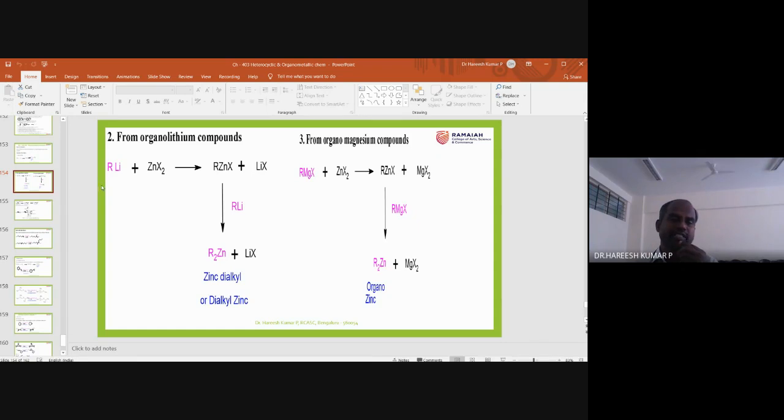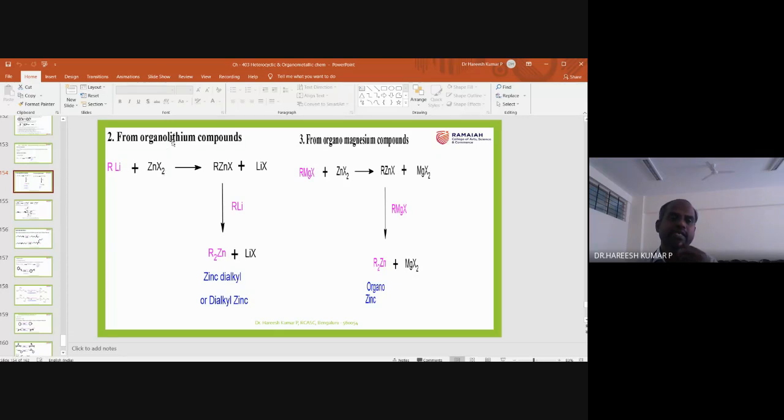It means it is possible to synthesize organozinc starting with an organometallic compound. What is the reaction here? R lithium means R is available as an anion, R minus, a nucleophile. That nucleophile attacks zinc and X goes out.